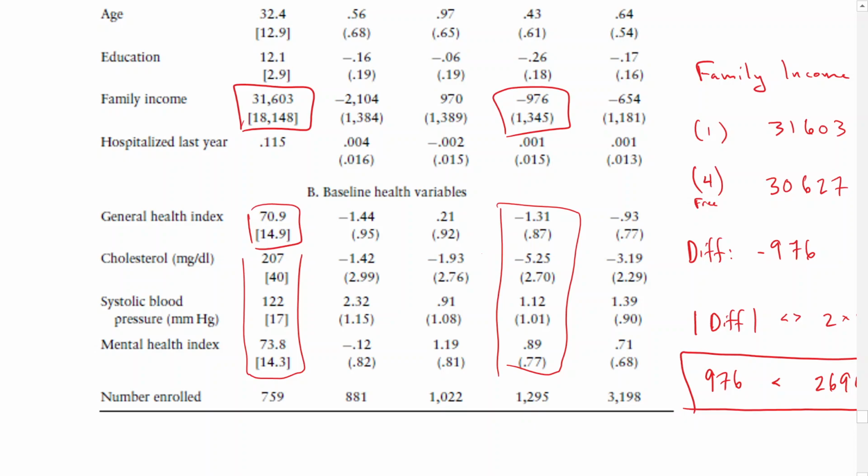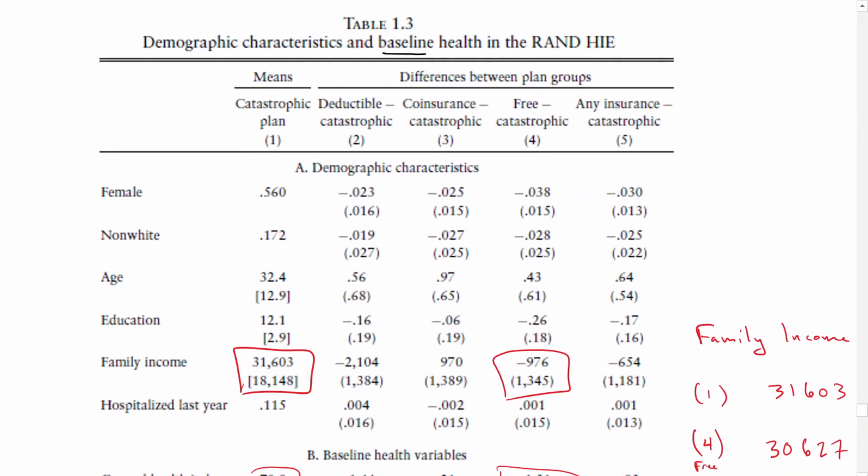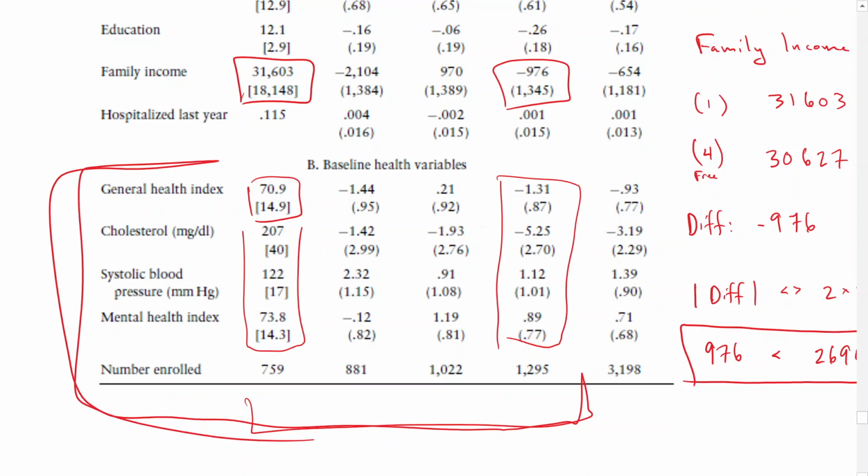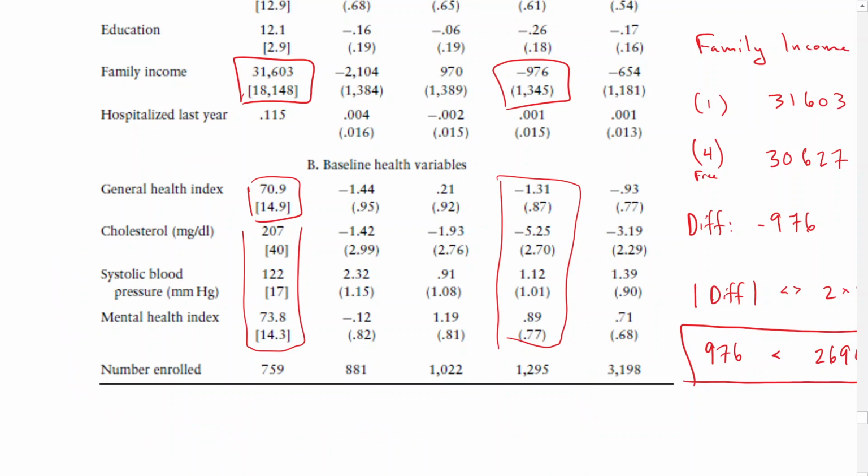And so now we're going to provide them with these different types of insurance over a period of time. And then we're going to check to see how their health outcomes change over time. Are we going to see differences in general health between catastrophic, deductible, coinsurance, free, or any insurance? And so what we're going to do is take that and look to see what happened.